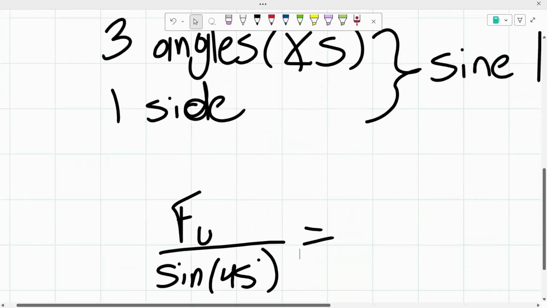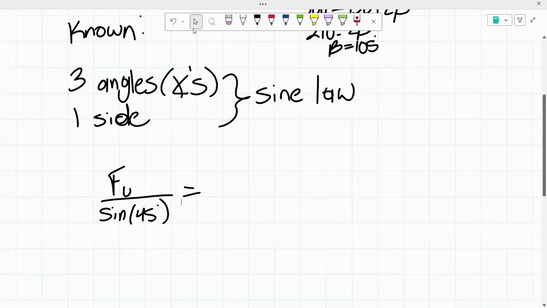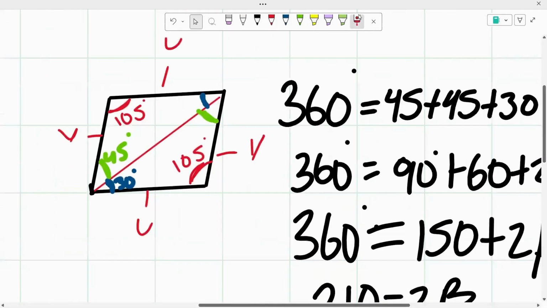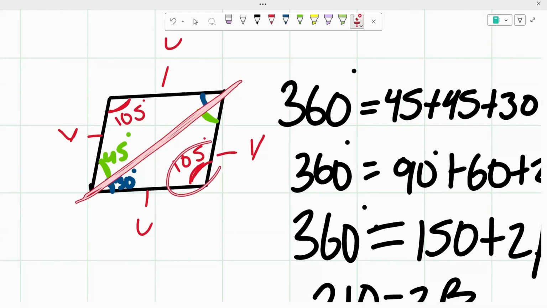And then the other side has to be a side and an angle that we know. So from there, we're going to take this side, since it's the given resultant force, and we're going to take its opposite angle.